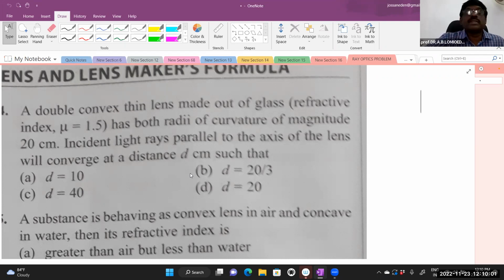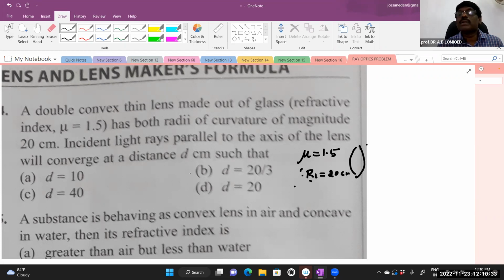Double convex lens means this is the double convex lens. The refractive index is 1.5. Both radii of curvature are 20 centimeter. Say R1 is 20 centimeter, R2 is 20 centimeter. Understand?